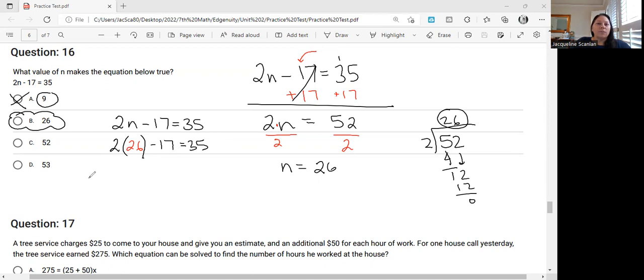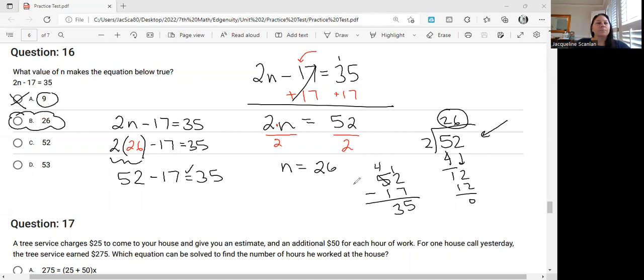Okay, so I'm going to go ahead and do the math. 2 times 26, we just did that in the opposite over here. 2 times 26 is 52, and 52 minus 17 is 35. 52 minus 17. 12 minus 7 is 5, 4 minus 1 is 3. So it checks. If only all the test questions were like this, we'd all do wonderfully.